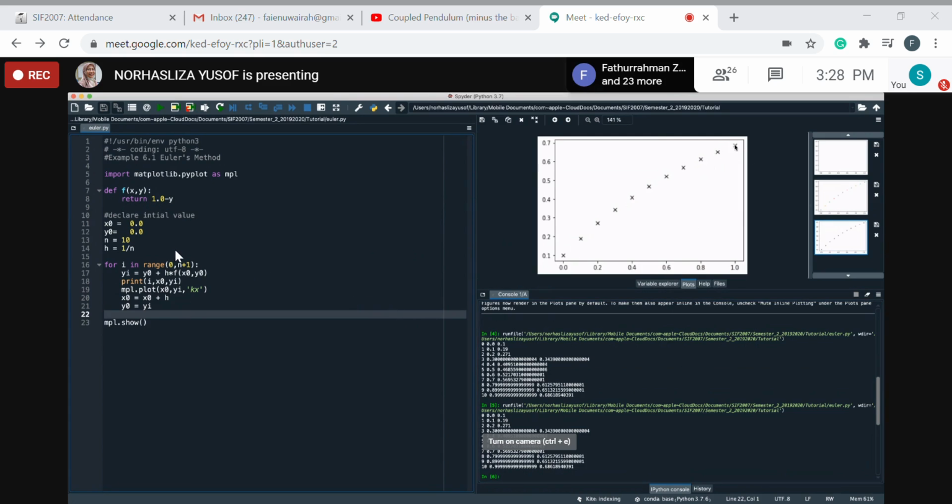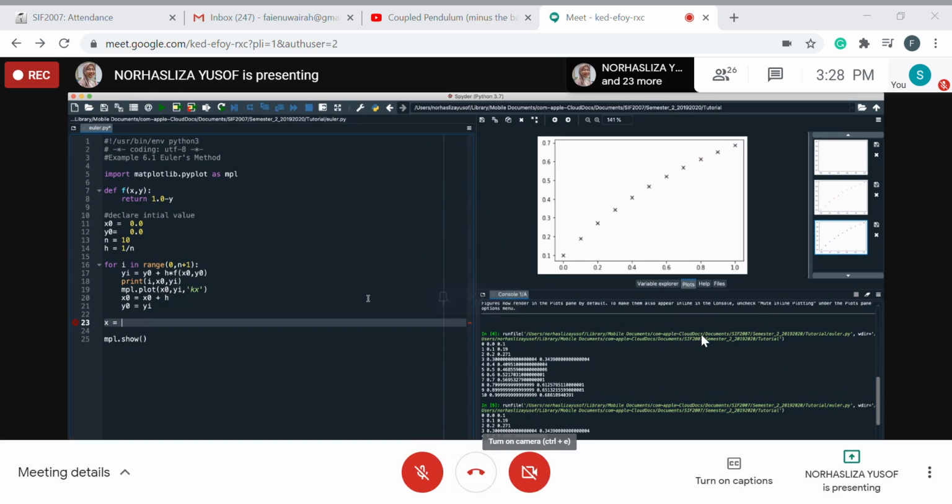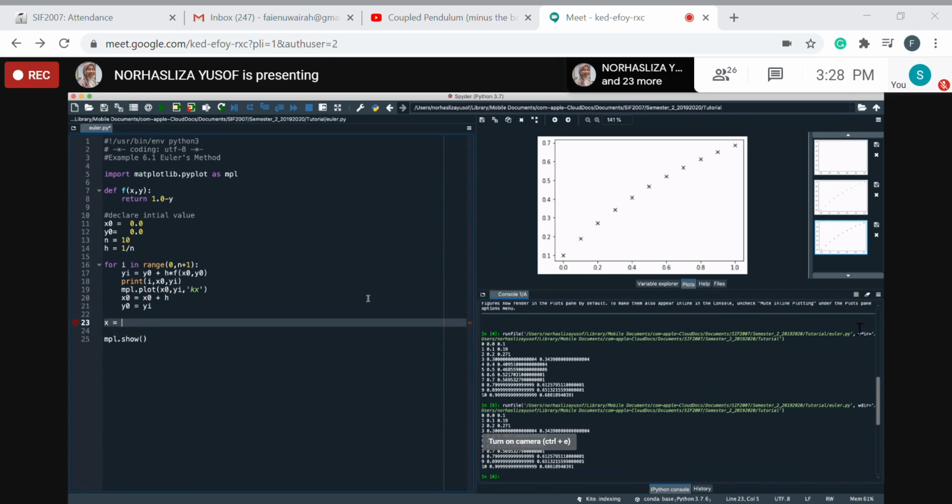It's an approximate solution, right? If you want to see the line of the real value, what you can do is declare another x value for the exact solution. You just declare numpy arange, for example 0 until 10 accordingly.